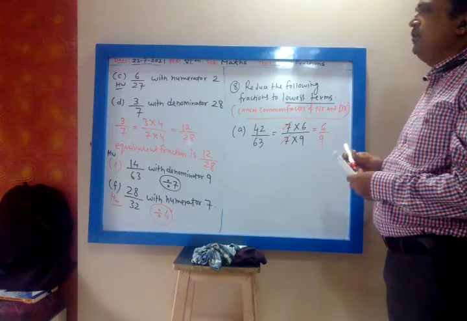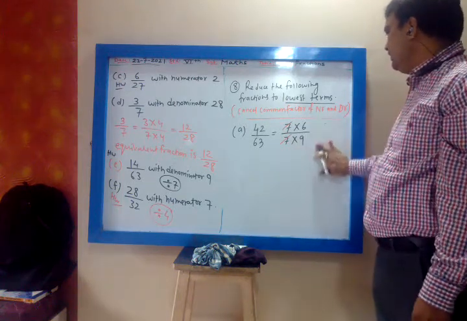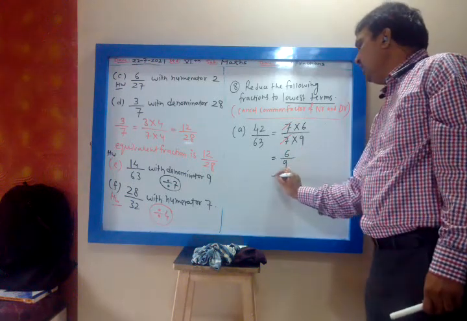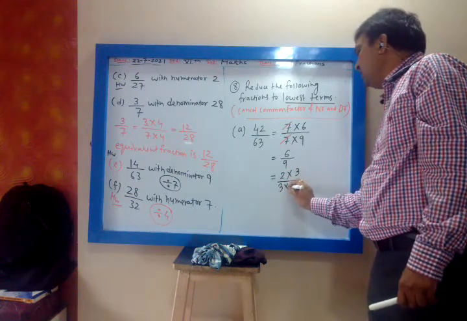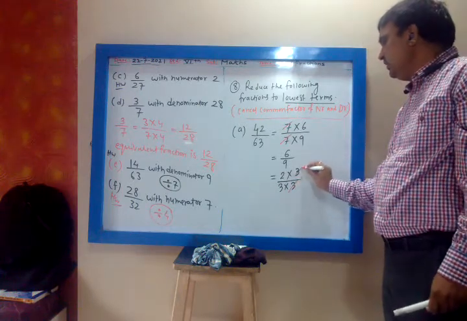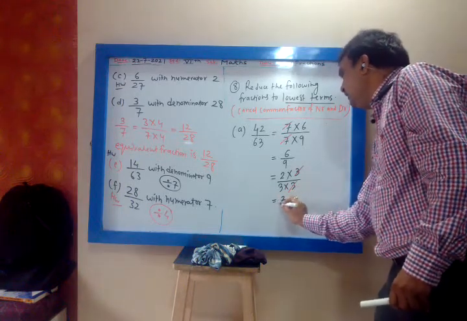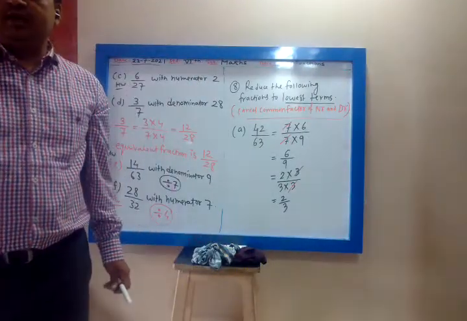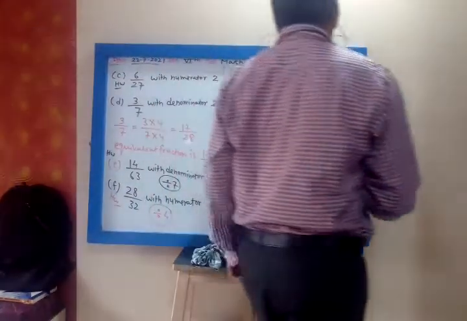But in 6 upon 9 there is still a common factor. 6 I can write 2 3s are 6, and 9 is 3 3s are 9. Again you have to cancel the common factor, 3. So what is left? 2 upon 3. Is there anything common? No. So this is the lowest term.